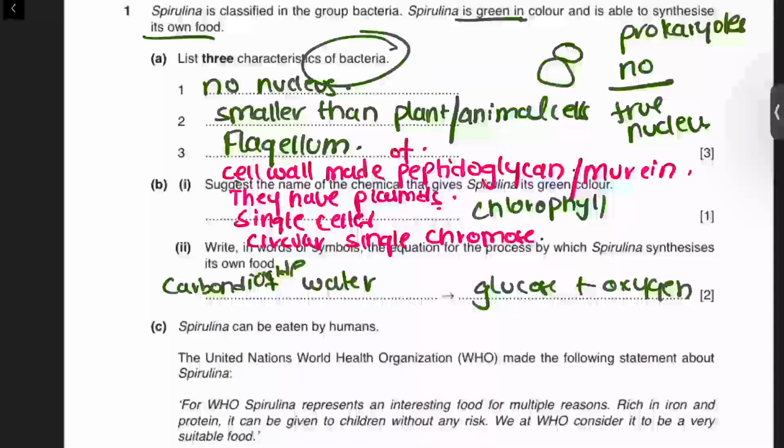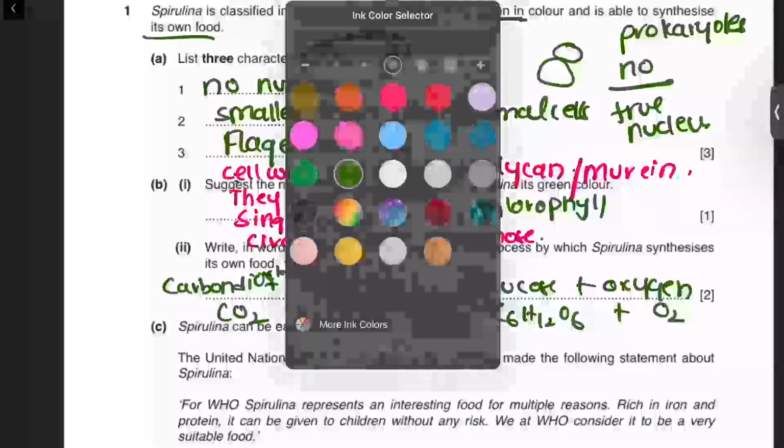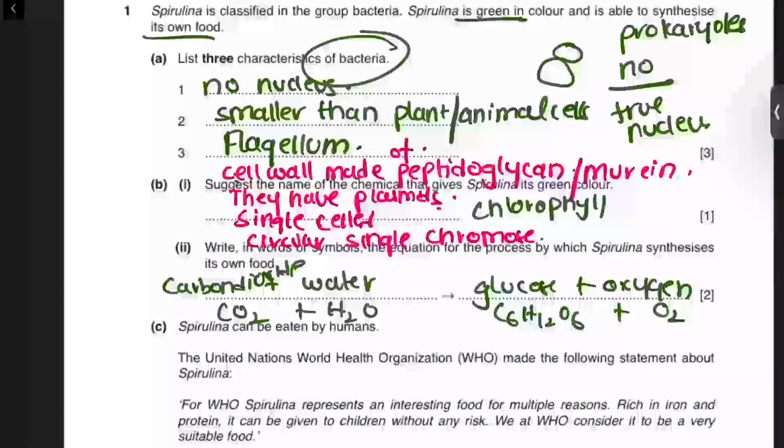If you're going to write in symbols, CO2 plus H2O will give you C6H12O6 plus oxygen. To balance this equation, very simple, guys. There's a 6 with the carbon. That means you put a 6 here, a 6 here, and a 6 here. Very simple, right? That's the hint in case you don't remember.